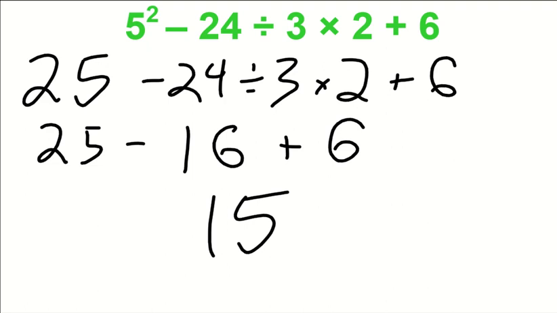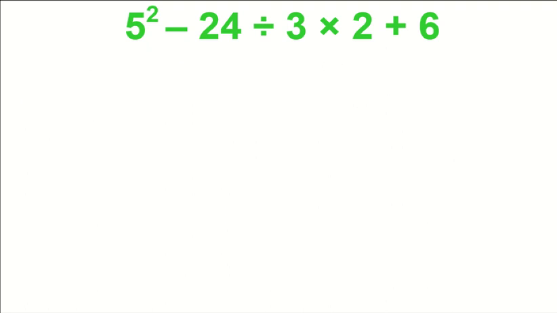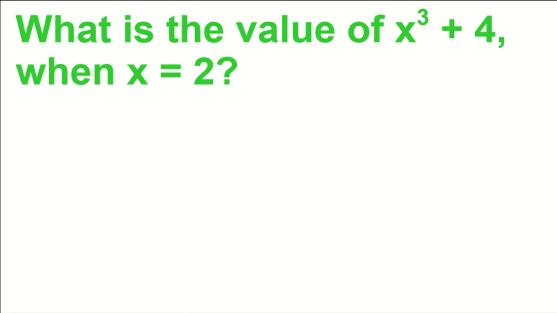All right, one other thing that kind of fits with this is substitution. So they'll give you an expression with a variable, or with 2 variables, or I guess it could be 3 or 4 variables. But it'll give you an expression with a variable.